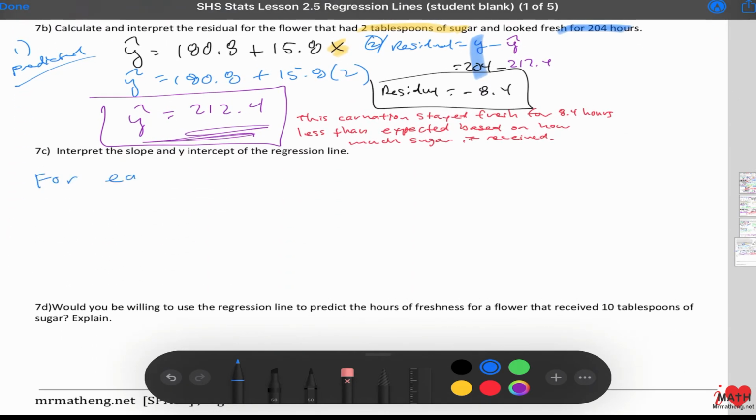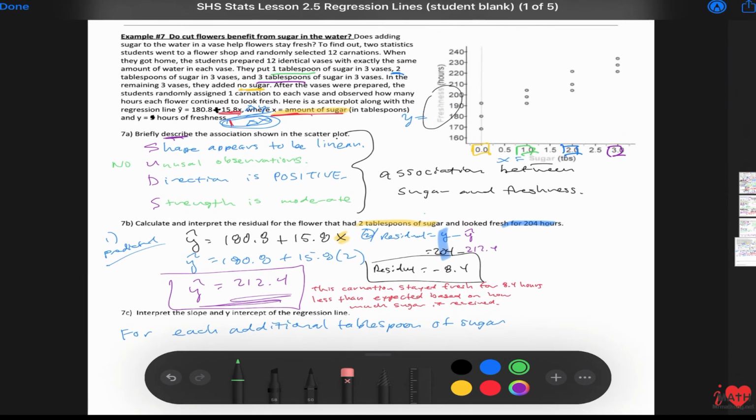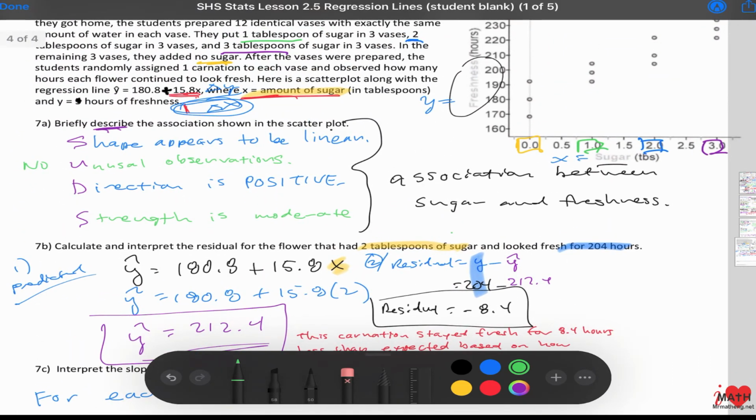For each additional tablespoon of sugar, what happens? We'll do green. It's positive there.